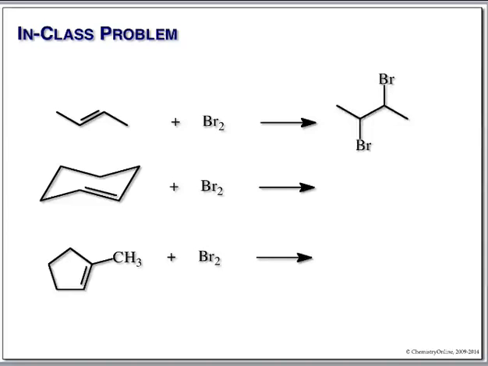This is cyclohexene. Now I've drawn this using a chair because we all love chairs by now. We know that this is going to add and form a 1,2-dibromide, right? When it forms this 1,2-dibromide, we're going to have a bromine on each carbon. Initially, we would form this intermediate.